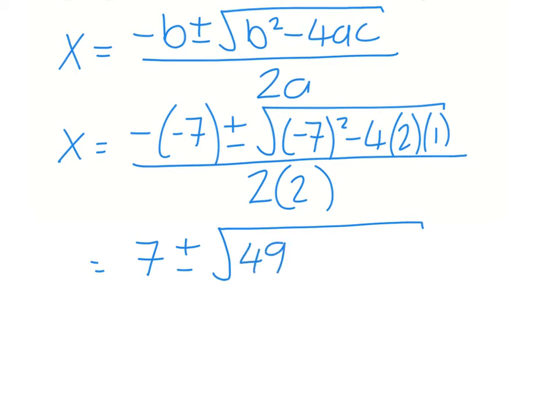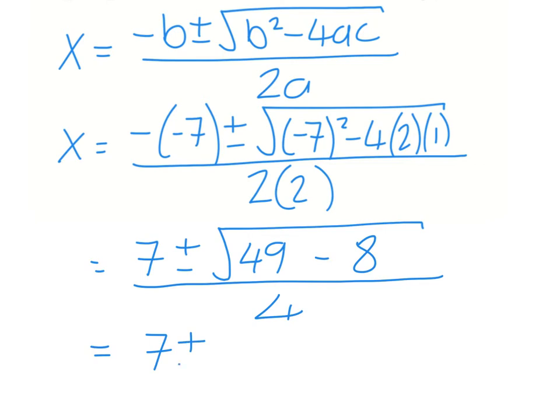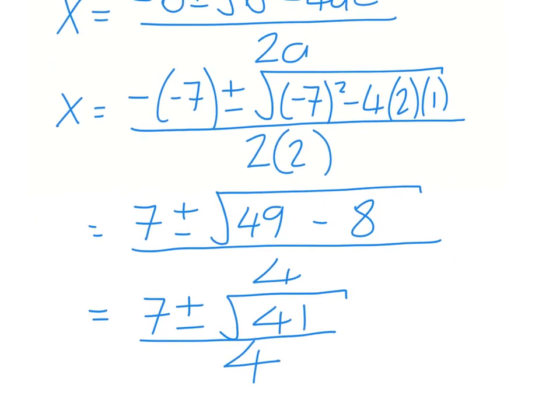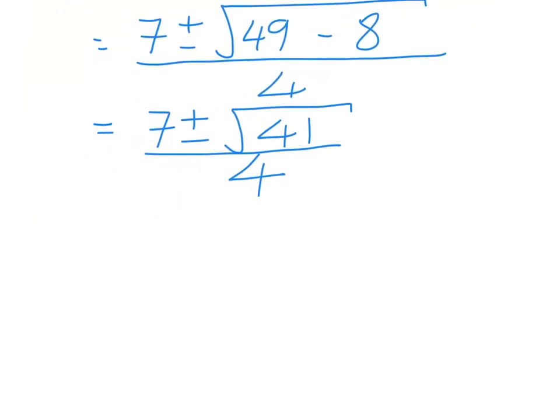Then we have -4 times 2 times 1, which is -8. And that's all over 2 times 2, which is 4. That then gives us 7 plus or minus the square root of 49 minus 8, which is 41, over 4. We'll move that up again to give us some more space.